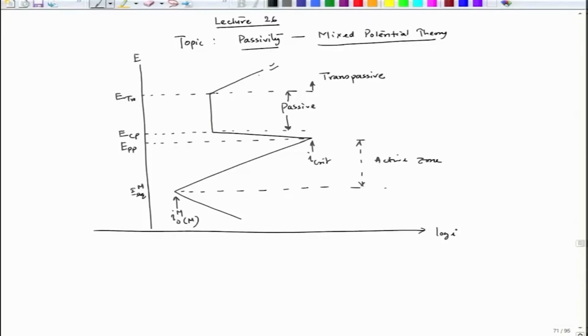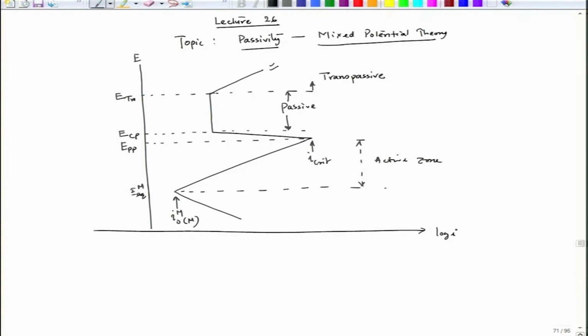So, if it happens like this, we have talked that metal forms some complex metal ions which will not have any protection ability, rather it would try to dissolve. For example, one such example is chromium.